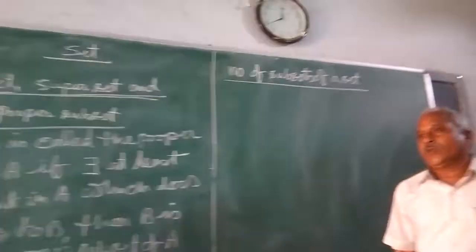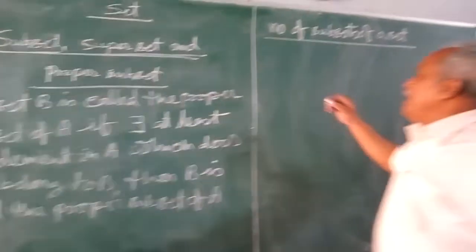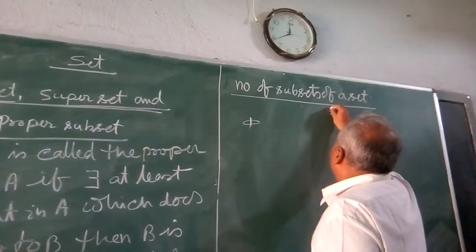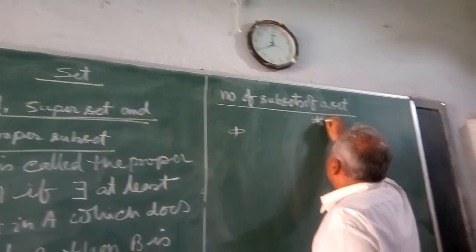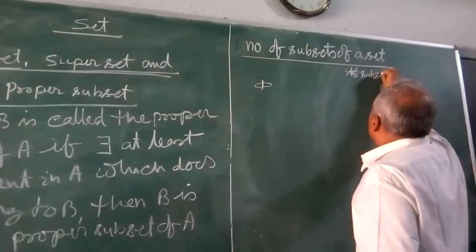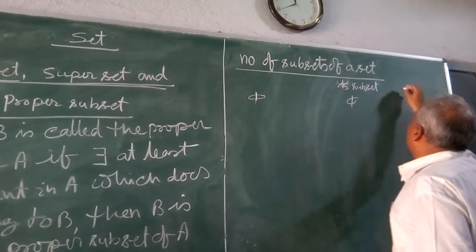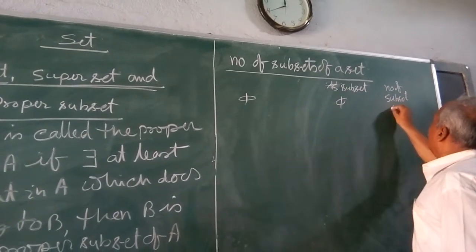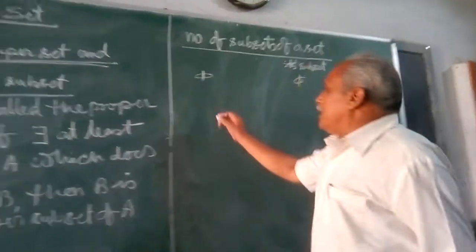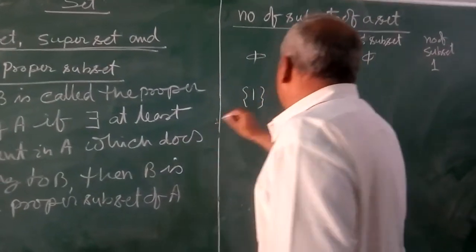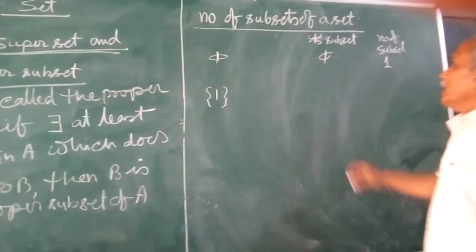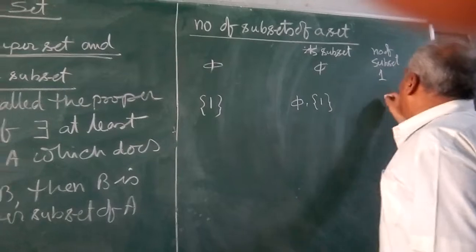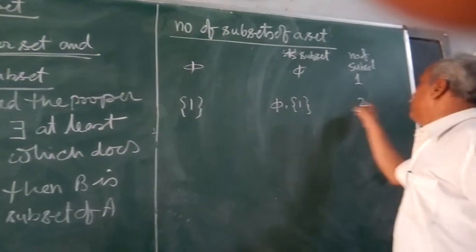Suppose I take a set phi, and its subset is only phi, and the number of subsets is 1. Now I take a set, singleton 1. It will have the subsets phi and {1}, and in number they are 2.